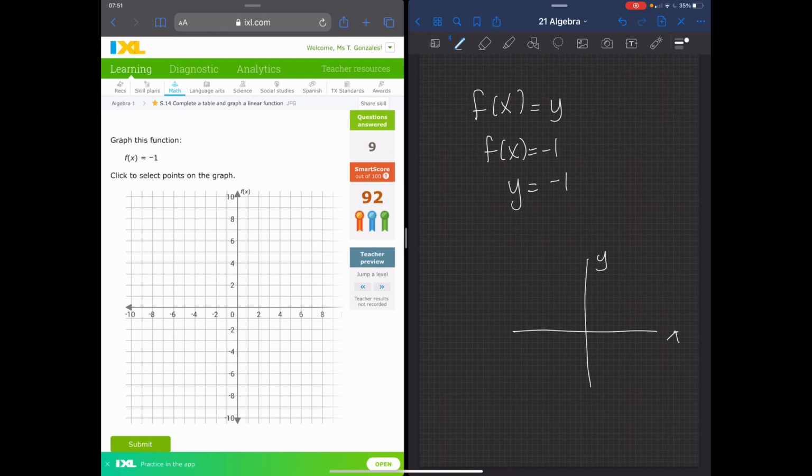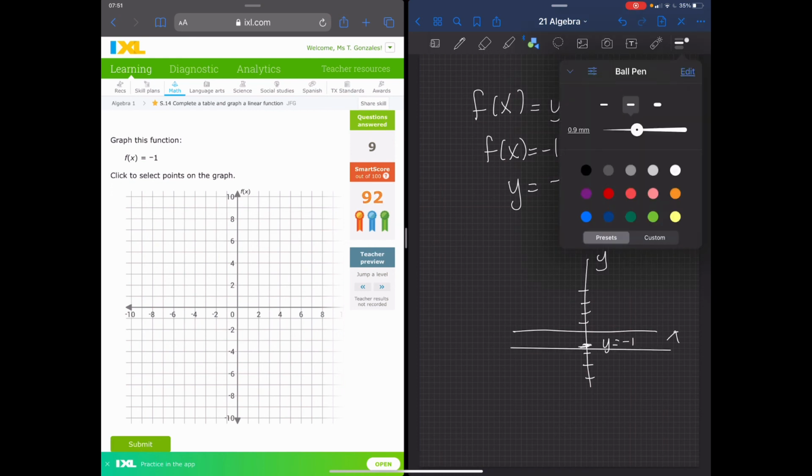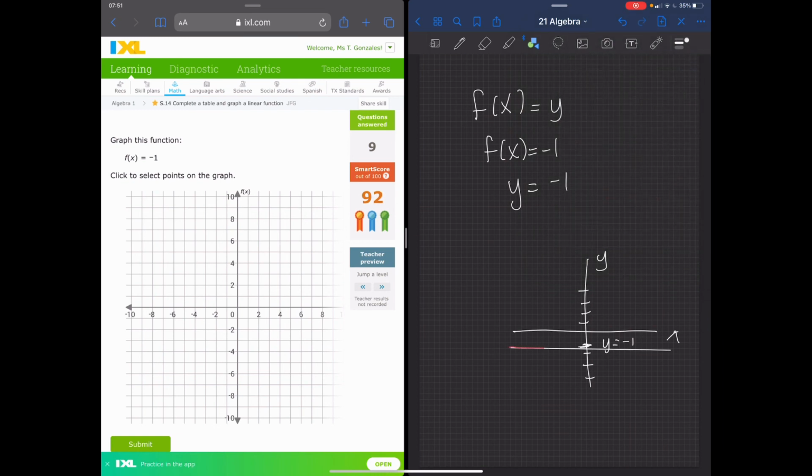So you're saying the numbers that go across are equal to y. So like y equals negative 1 is right here. So the line is going to go left and right, to the left and to the right at negative 1. Make it a little thicker. It's a pretty thick line. So when we graph this, f of x equals negative 1, you just need 2 points on negative 1 and submit.